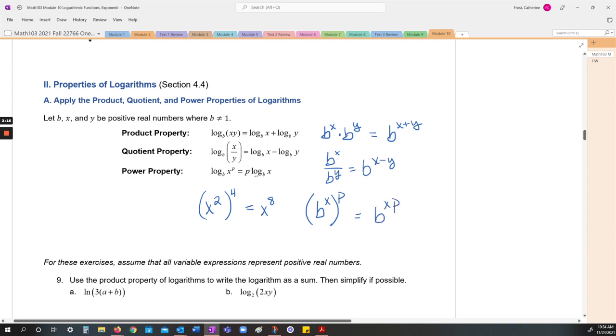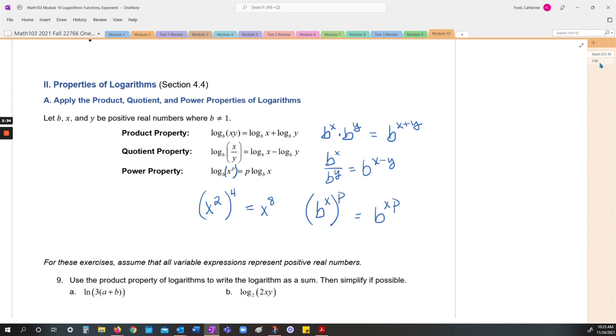How it works in the log is that if everything in the logarithm is raised to some exponent, you can bring that out front as a coefficient. It's kind of crazy that it works like that.